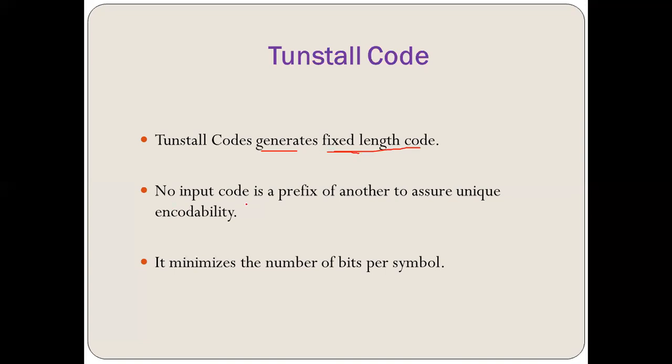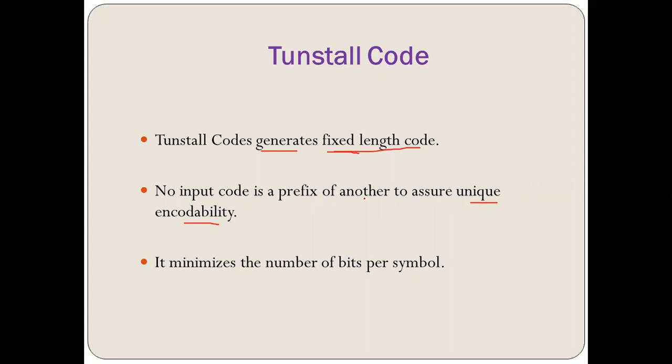Second thing, no input code is a prefix of another to assure unique encodability. So I hope you all remember the unique encodability and decodability. We have already done the unique decodability test in our previous lecture, and you can relate it to that particular lecture.